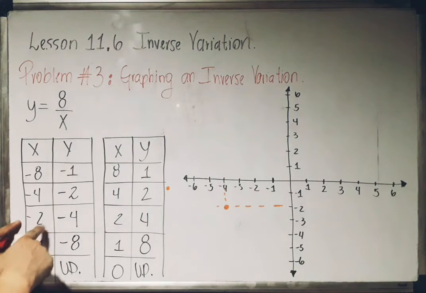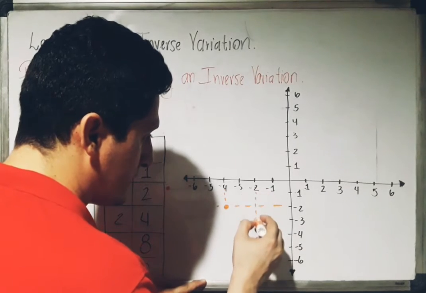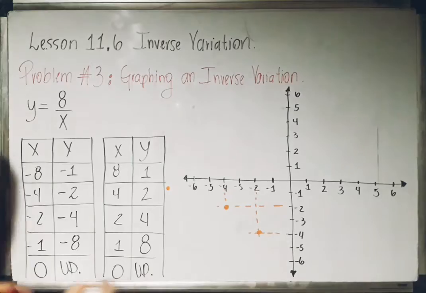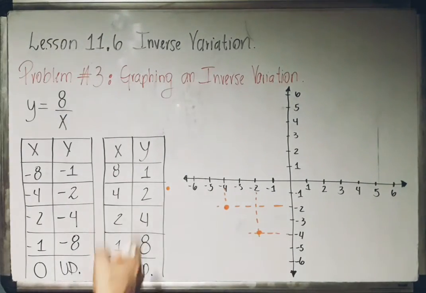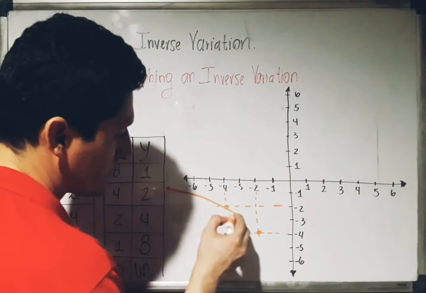Then you are going to have negative 2 on x and negative 4 on y. Also you're going to have negative 1 and negative 8, which we don't have room for, and 0, which is undefined.